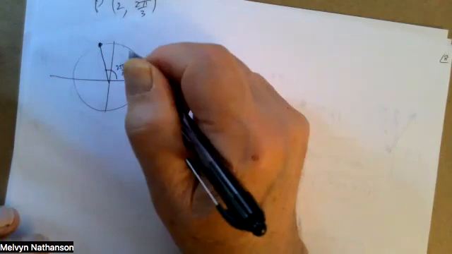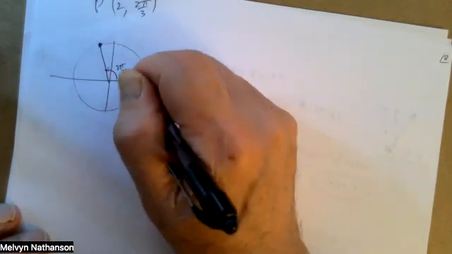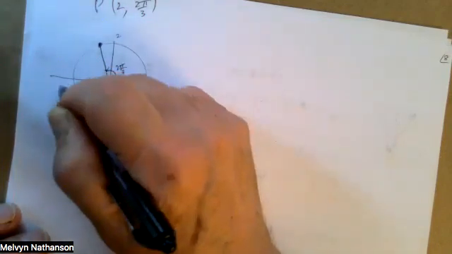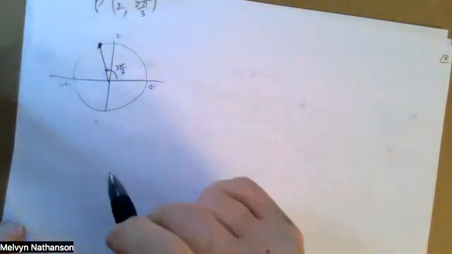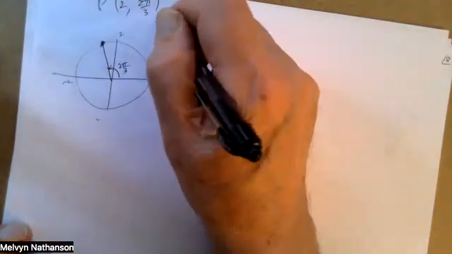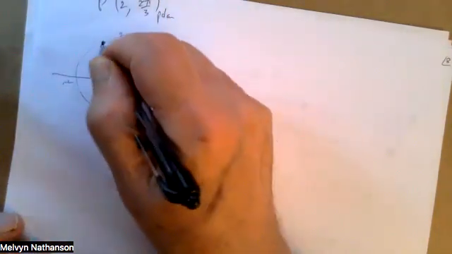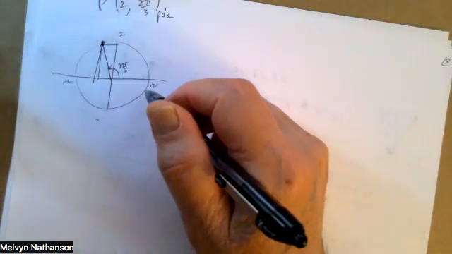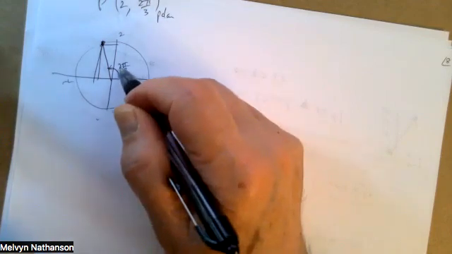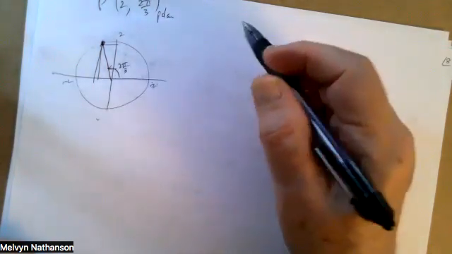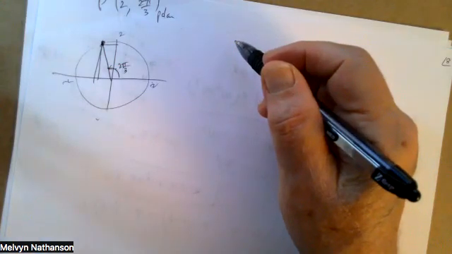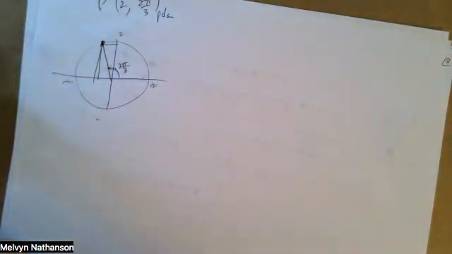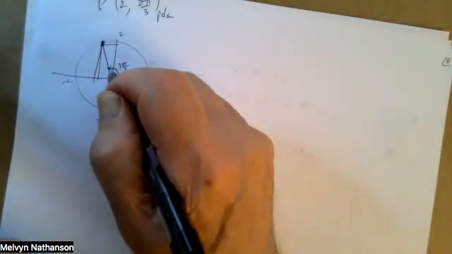with respect to the positive x-axis. So this is the point. These are the polar coordinates. What are the rectangular coordinates? Well, if this angle is, so in general, you have, this is the angle 2 pi over 3.